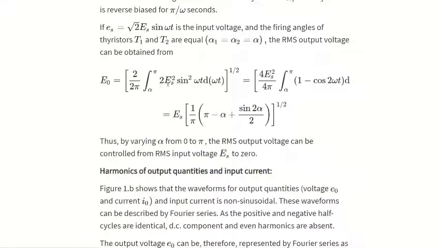So 2 into Es square sine square omega t d omega t, which is under square root sign, because it is a root mean square output. So substituting again the trigonometric equation there, you get 4 Es square by 4 pi, alpha to pi, 1 minus cos 2 omega t d omega t.